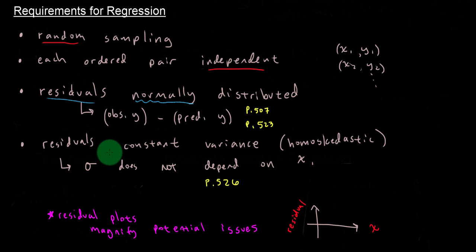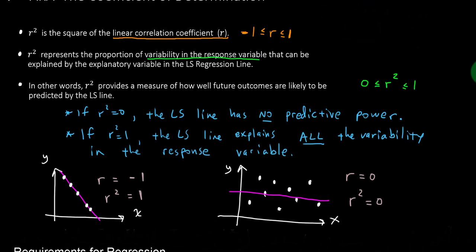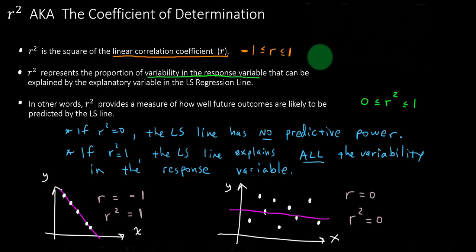And also that the variance of those residuals is constant. We usually inspect that with residual plots. Putting all of this together, there are these requirements for regression that we need to consider for the inferences from linear regression. The R-squared value is an indication of the predictability of the regression line.